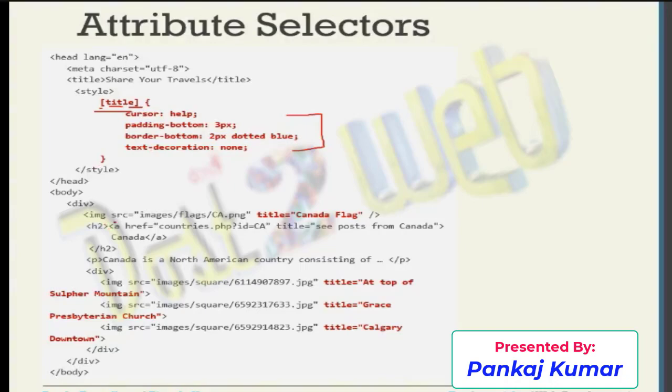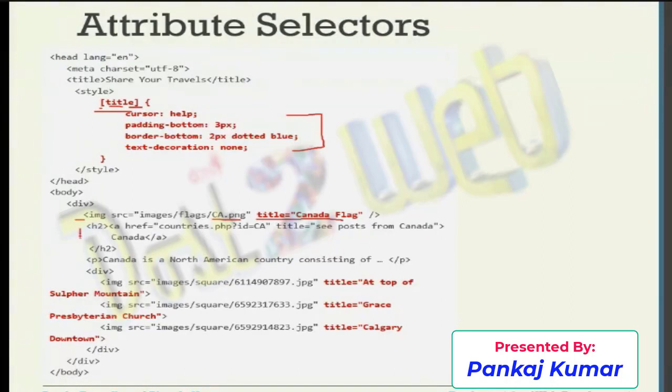Now go through this, and wherever you want to define it, you can. I'm giving an image source, and in the image I'm defining the title attribute. That means the moment you mouse over, the cursor will show the flag of the particular country. You should have some image.